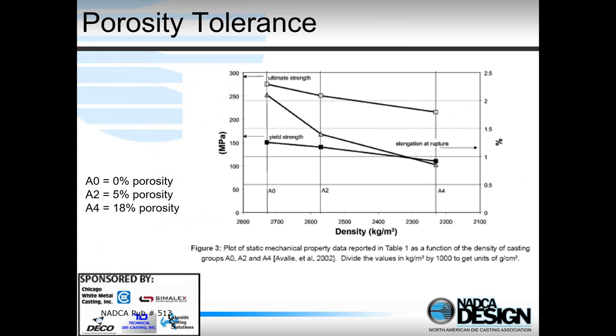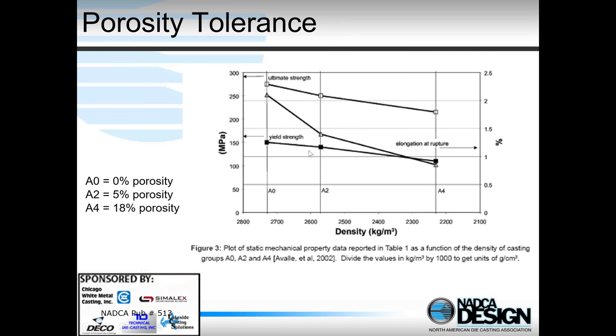So another question you've got to keep in mind is, can I tolerate porosity? And it depends upon what the part's being used for. So here's an interesting chart showing the impact of porosity on yield strength, on the ultimate tensile strength, and on the elongation of the alloy. And we're showing it for 3 different porosity levels, A0, A2, and A4. Most die castings are going to be between A0 and A2.